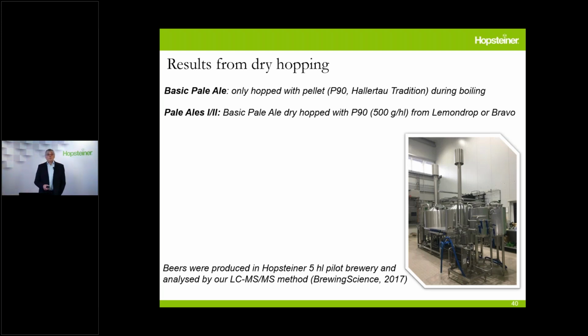I have mentioned it before. There was a basic pale ale only hopped with pellets type 90, variety Hallertau Tradition, and this hopping was during wort boiling. And then this basic pale ale was dry hopped with 2 different varieties at a rate of 500 grams per hectoliter, the Lemon Drop or Bravo variety.